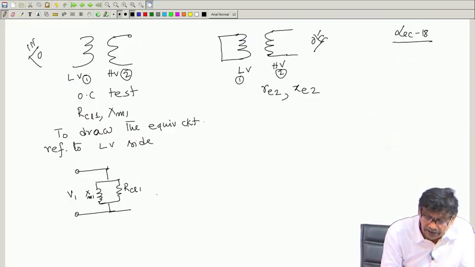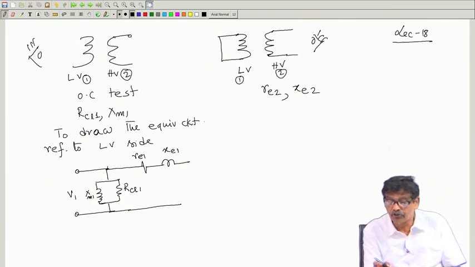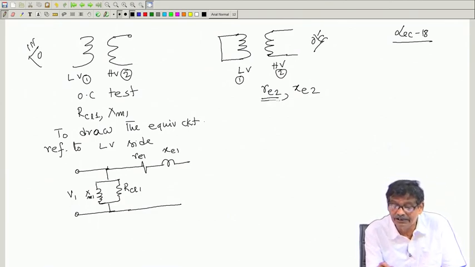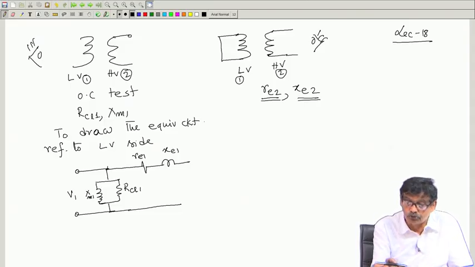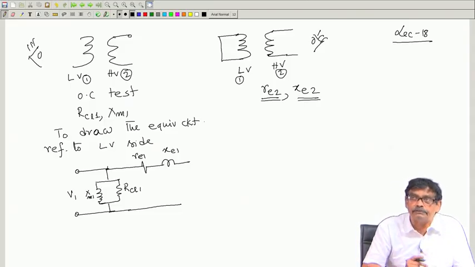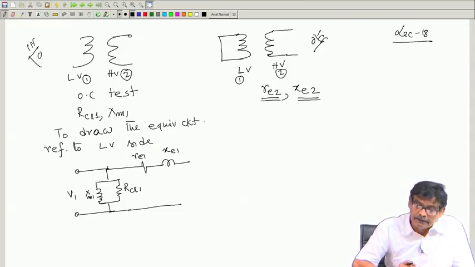So I will put these values, and then I have to put the series impedance, which I know must be RE1 and XE1, but from the short circuit test I have got RE2 and XE2. So do not put RE2 and XE2 here, that will be a blunder.